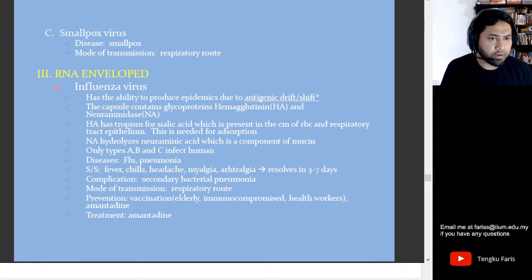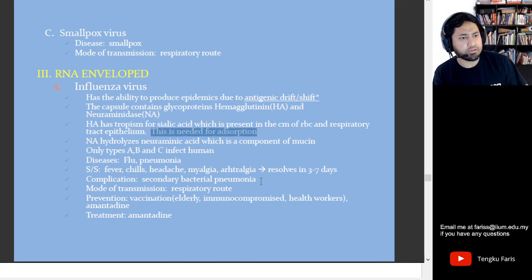The capsules of these influenza viruses contain HA, which is the hemagglutinin, and neuraminidase. Hemagglutinin has tropism for sialic acid, which is present in the cell membrane of red blood cells and respiratory tract epithelium. This is needed for adsorption.